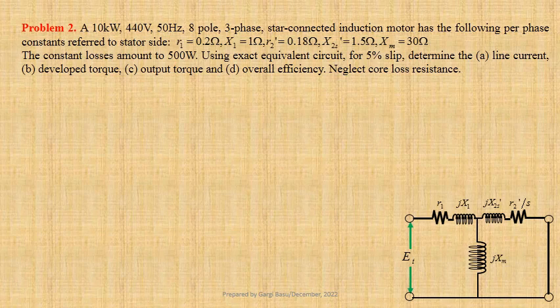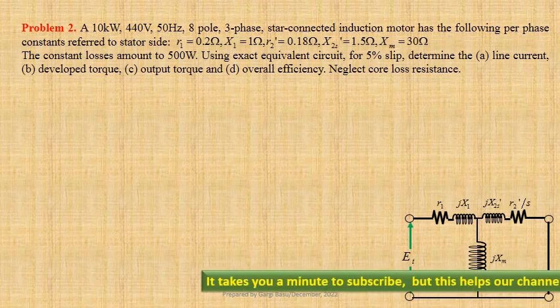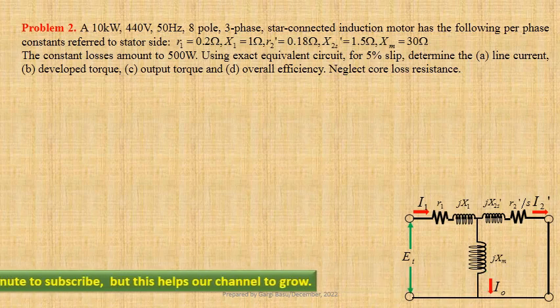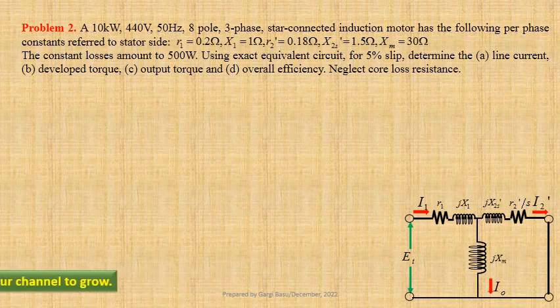The constant losses amount to 500 watts. Using exact equivalent circuit and neglecting core loss resistance, we have to determine the line current, developed torque, output torque, and overall efficiency for 5% slip.